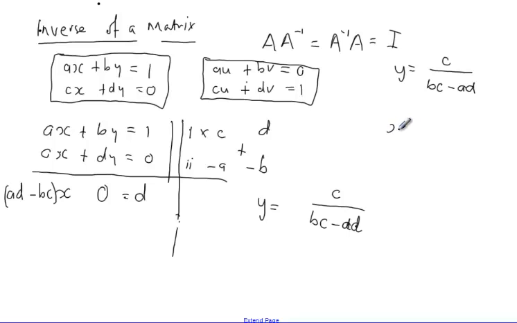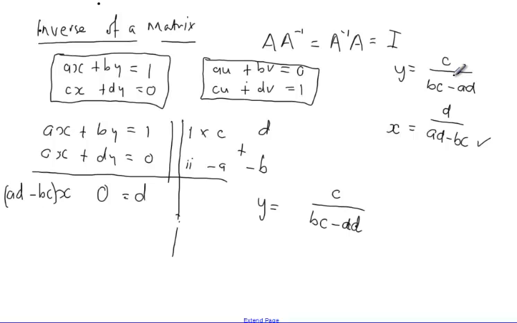Conclusion, x equals to d over ad minus bc. All together. I like this denominator. I'll show you, you'll see why I like it. How can we achieve the same denominator there?